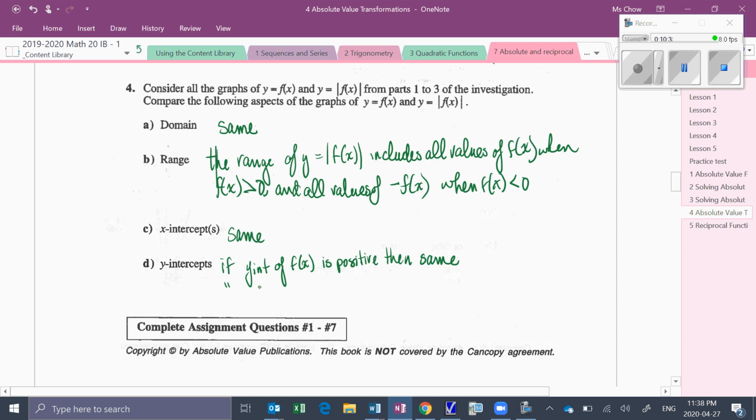And then if the y-intercept of f of x is negative, then the y-intercept of the absolute value of f of x is the opposite.